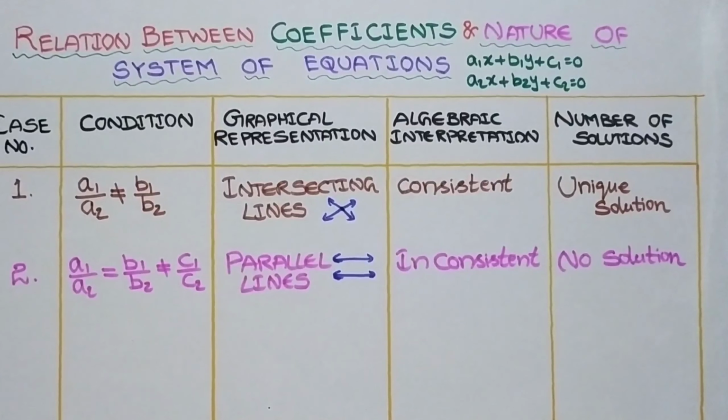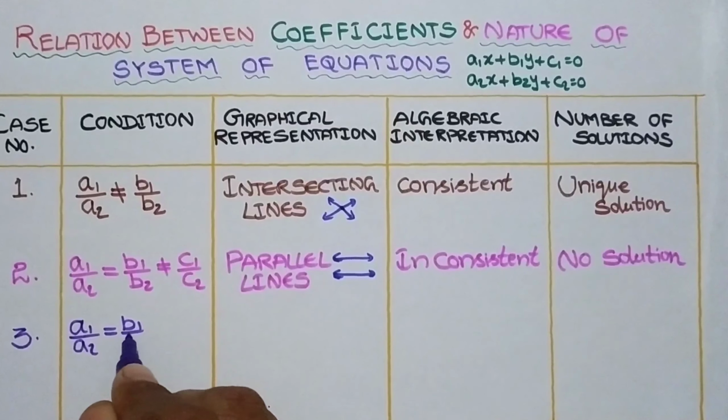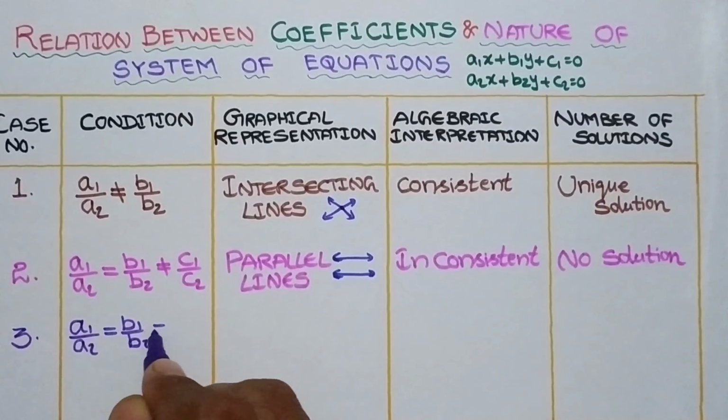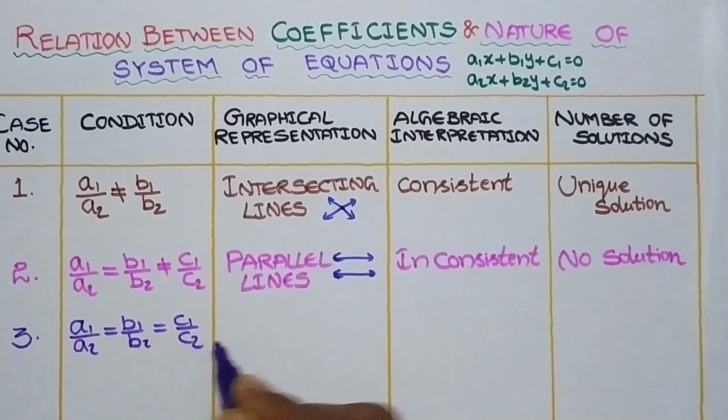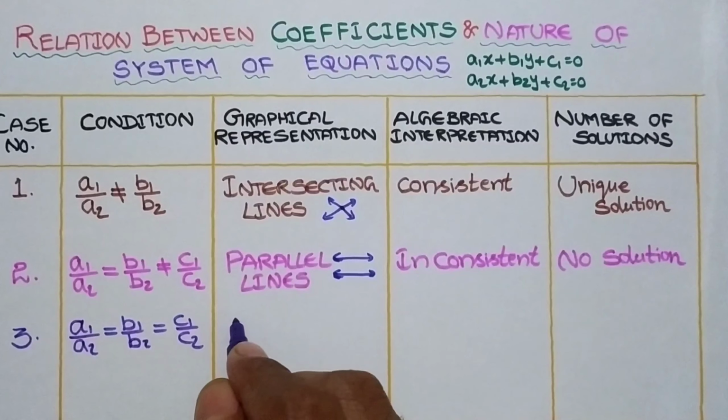Let us see the third case, that is case number 3. a1 by a2 is equal to b1 by b2 is also equal to c1 by c2. These lines are coincident lines.